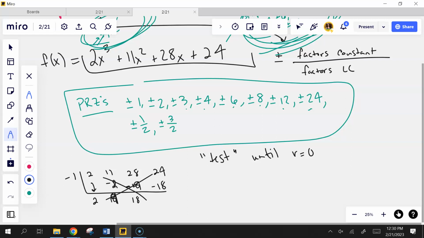Now, if you didn't have a calculator, which you may not, the only place on here I see where it may cross, it looks like -1.5.